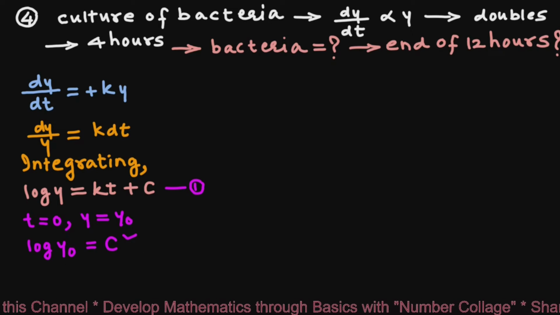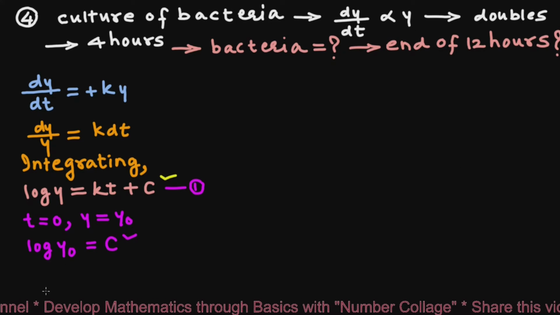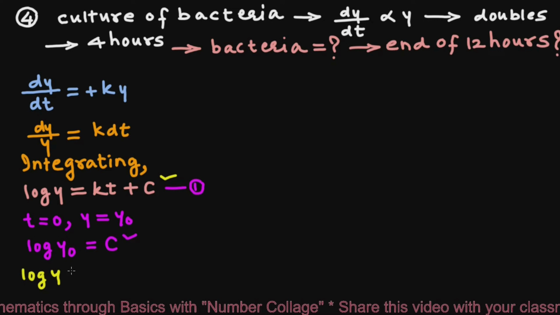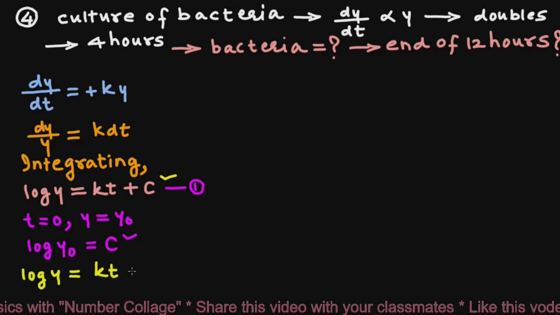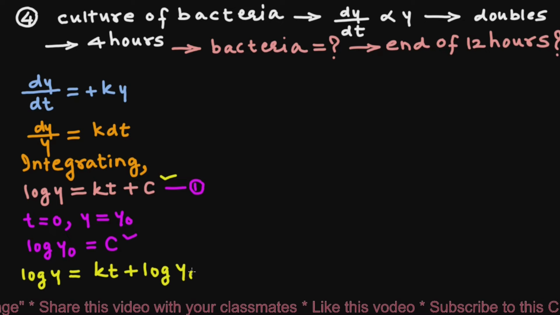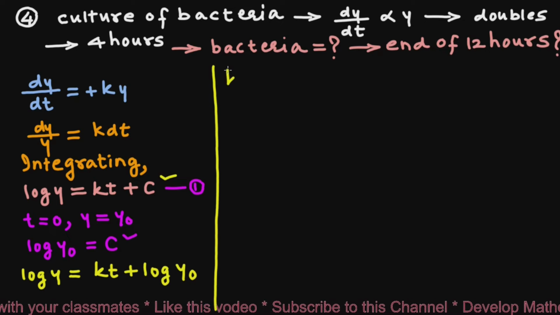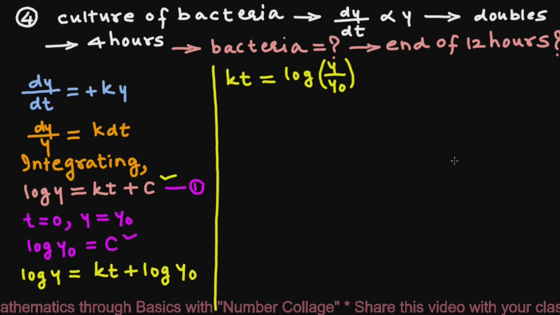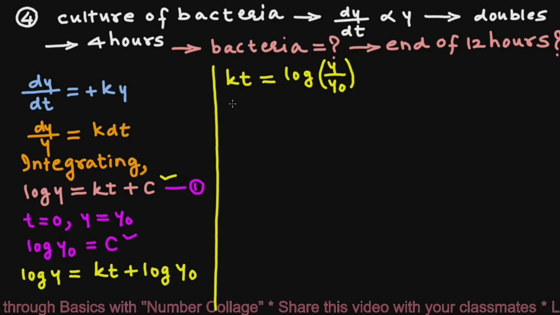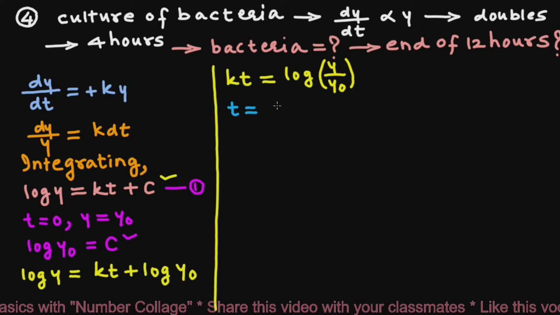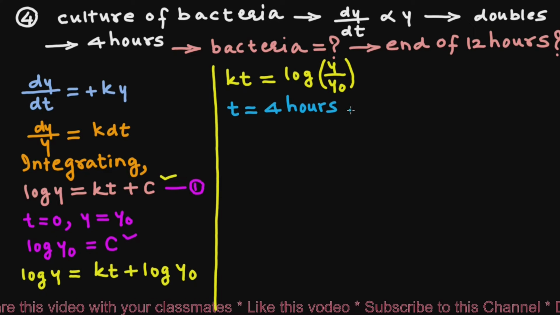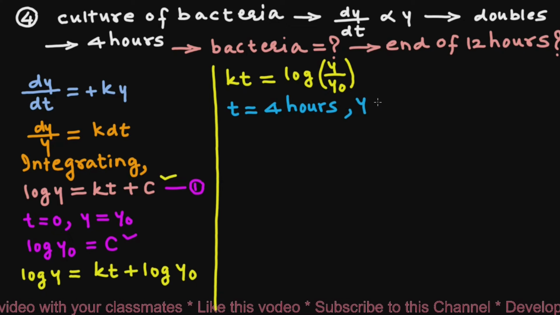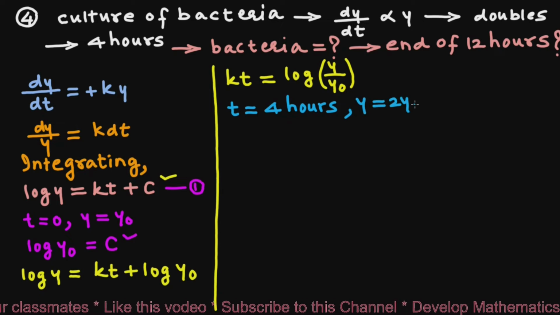Now we will use this value of c in equation 1, which becomes log y equals kt plus log y0. So that will be kt equals log y upon y0. In the second condition, it is given that when t is 4 hours, the bacteria doubles, which means y becomes 2y0.